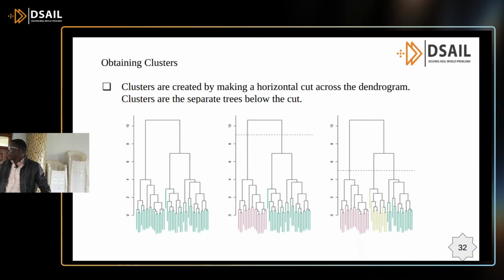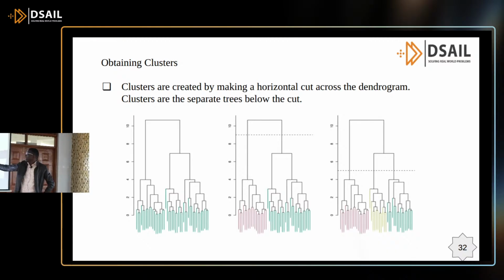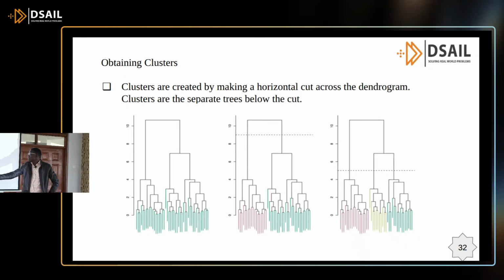For example, in this first image, you have the relationships, and then you say, okay, if I cut my tree from here, you'll end up having the whole of this as one cluster and the other one as another cluster.